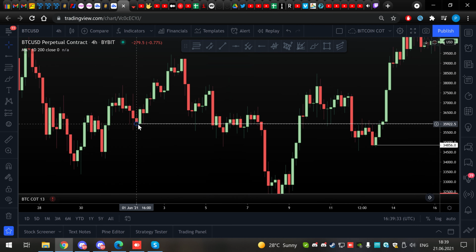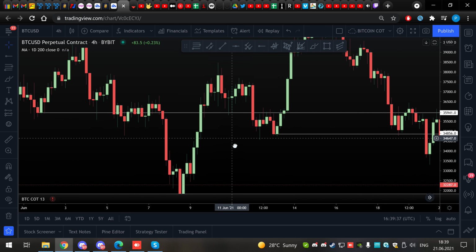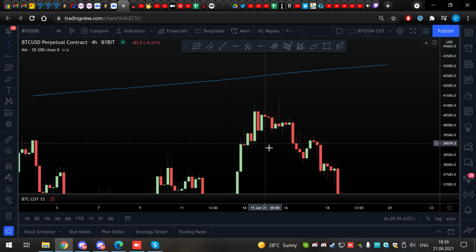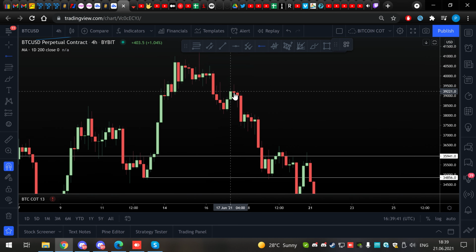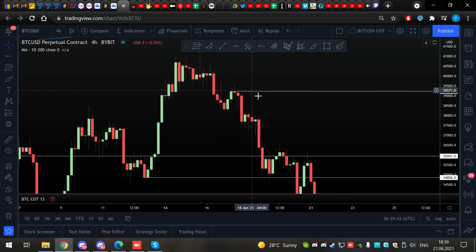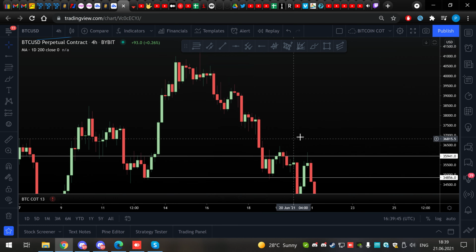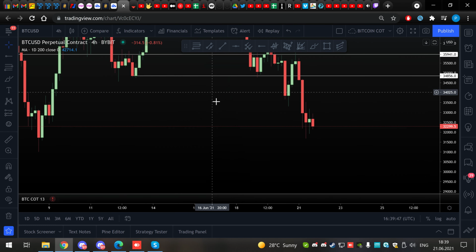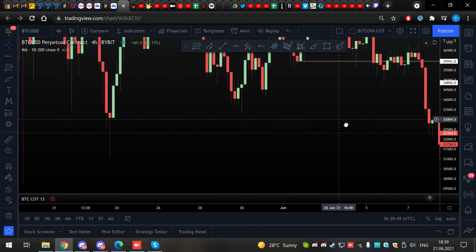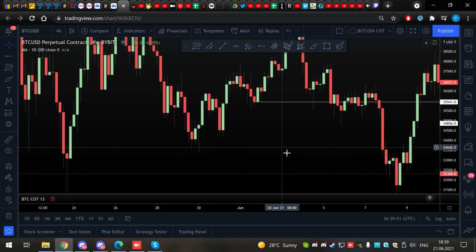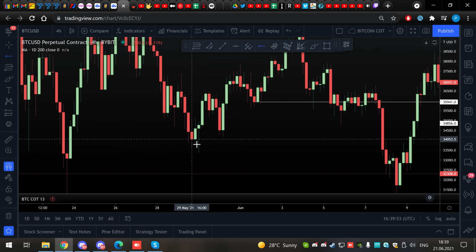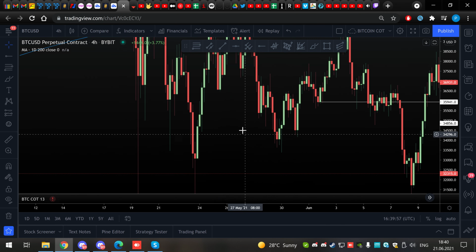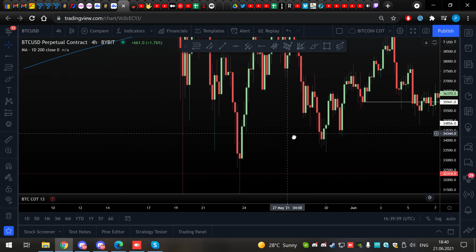You see, support here from the 4 hour candle, we touched it. Yeah, so they can be marked, you know. It's more precise for more like day traders. Yes, for scalpers it's working really well.